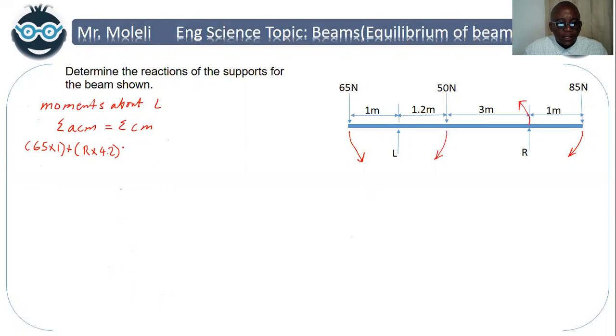So we can say equal sign. Now the clockwise moments will be 50 multiplied by 1.2, plus 85, they are clockwise, 85 multiplied by 5.2.